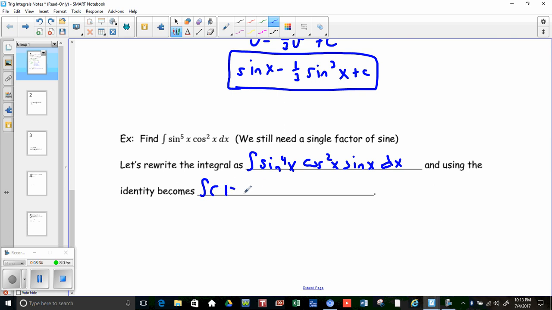So that would be 1 minus cosine squared x squared. And then the rest of it still comes down, which is cosine squared x sine x dx. So hopefully you can see that 1 minus cosine squared is sine squared, and sine to the fourth is sine squared, squared. I took this and made it 1 minus cosine squared squared. Then the cosine squared and the sine x stay.